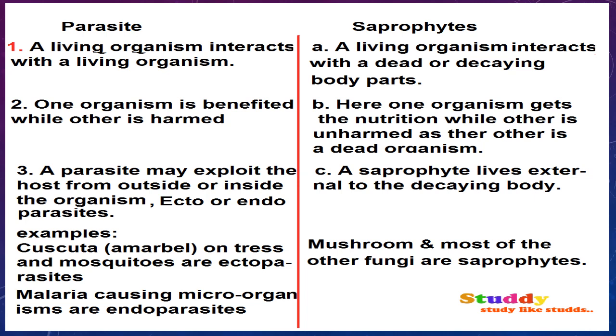So it acts like a scavenger here. So saprophytic is not harmful for the living organism, and it helps the environment. But when you take parasitic nutrition, it totally depends on the host. It even damages the cells of the host, which leads to the death of the host also.